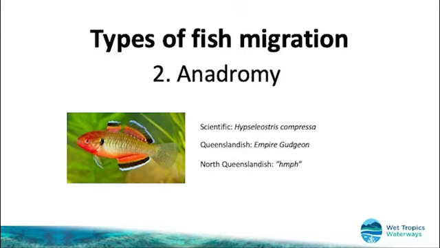The second type of fish movement or migration that we see is called Anadromy. And I should say that there are 3 more types of movement, and all of those fish that fall into these 3 categories are what we call diadromous fish. That means they move between saltwater and freshwater, or freshwater and saltwater at some stage during their life cycle. So anadromous fish, like this empire gudgeon, are the ones that have mature fish in the headwaters of the streams.